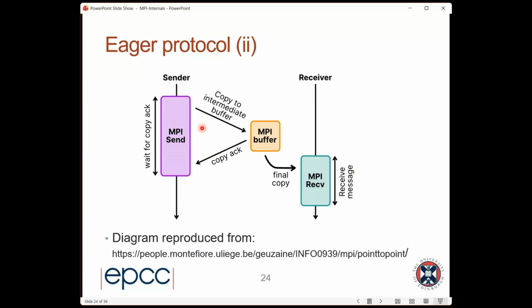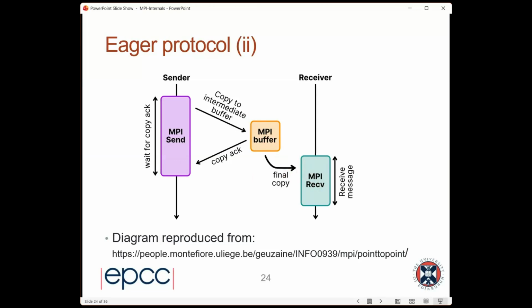What happens, and this happens for small messages, is when a send is issued, it's copied to an intermediate buffer, and when the copy has happened, then the sender just carries on its merry way. What happens on the receive side is when the receive is issued, it knows the data has been copied. This MPI buffer is actually on the receiver, and then the receiver can do a final copy.